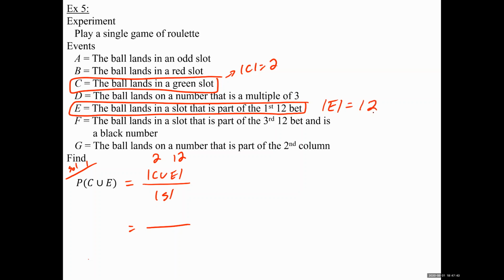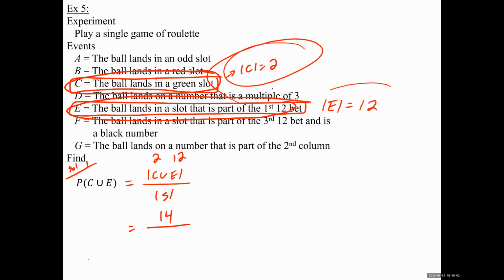But how many things are on C or E? Do you add them and get 14? Remember I said you're not supposed to add them. But this time adding them is fine. Why? Because we have 2 things on this list, and there's 12 other things on this list. There's nothing on both. These are green. None of these are green. So we have 2 things, and we have 12 other things.